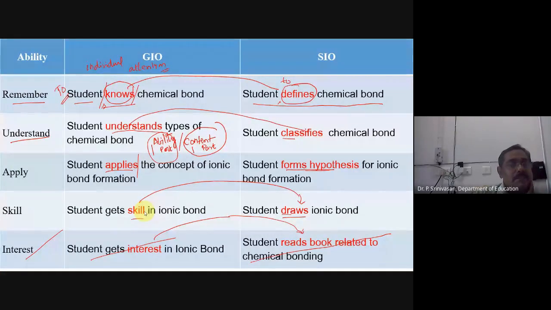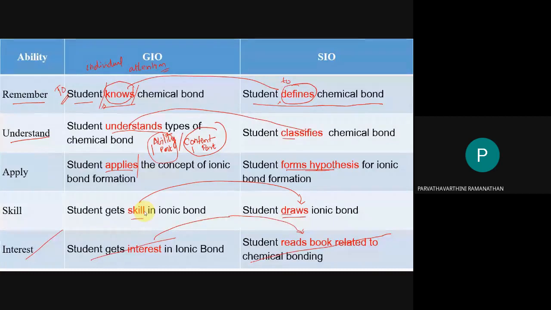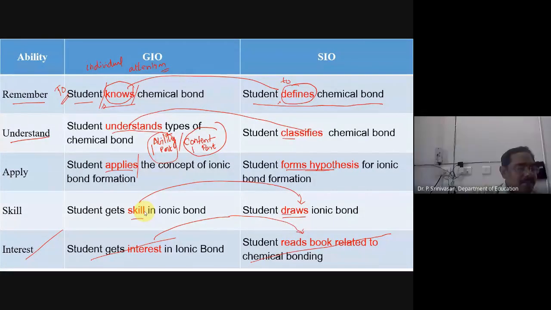Parvadavardhini. Parvadavardhini is there? Yes, sir. Your speaker is not going to unmute. It's only locked, but you are speaking. I do not know how. Okay, Parvadavardhini, just summarize how to write this.